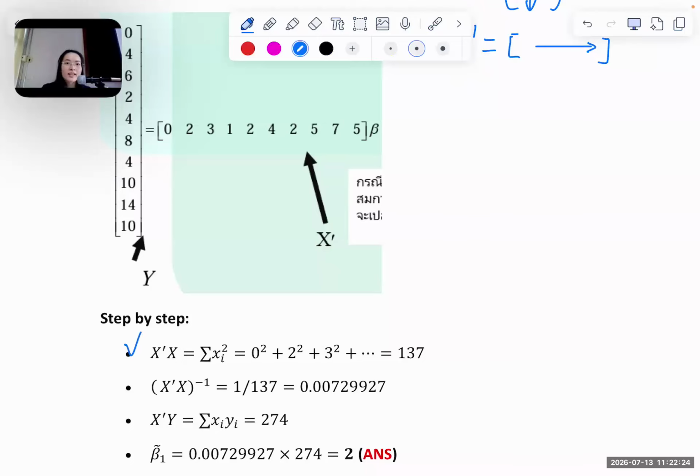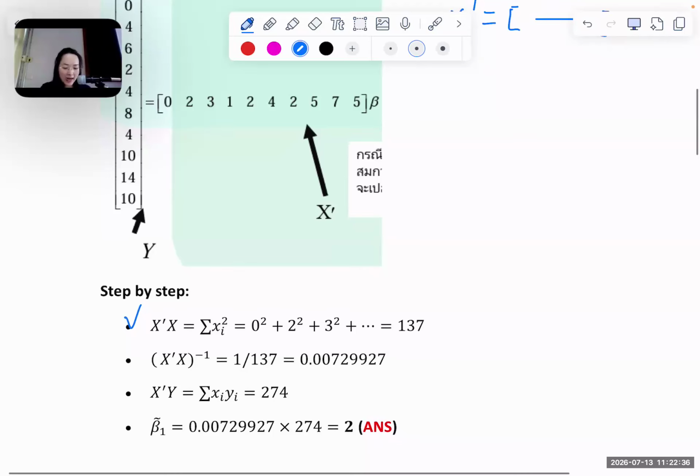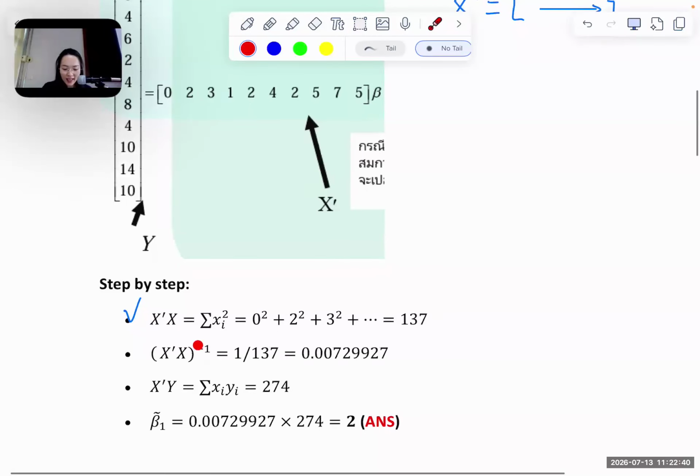What is the next step if you get X transpose X? X transpose X inverse, right? Inverse just means we flip it, we take its reciprocal.